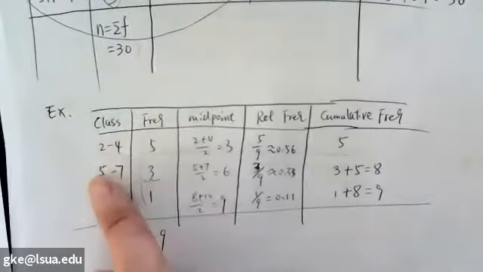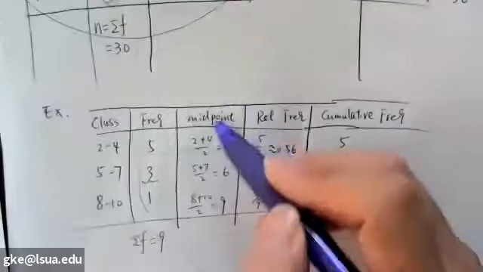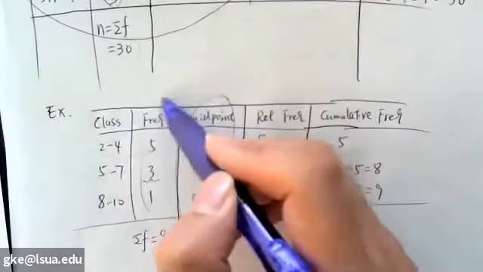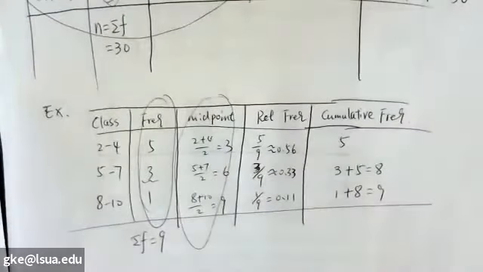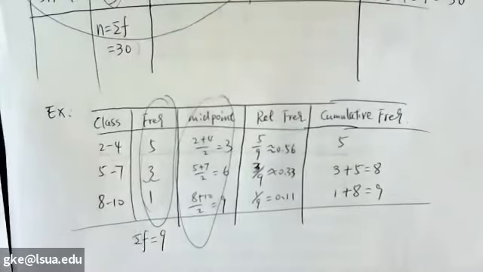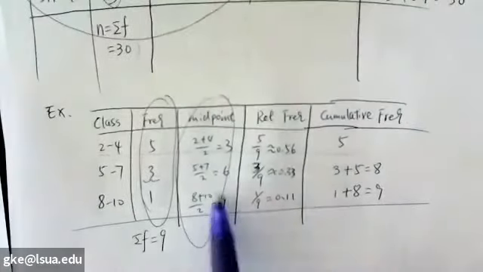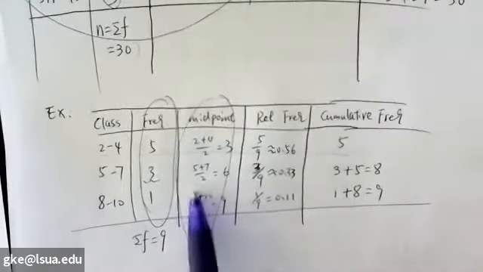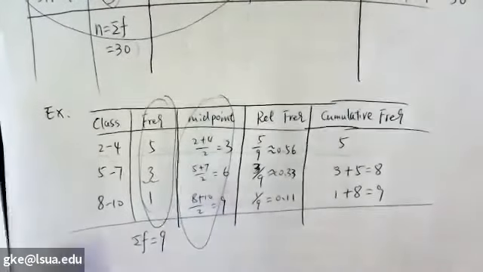We just did this table before. I want you to use the middle point here and the frequency here to construct the histogram by yourself. Use the example we did to construct the histogram for me, okay?